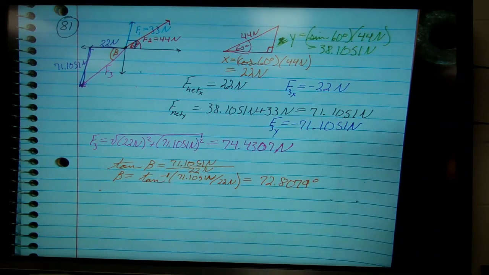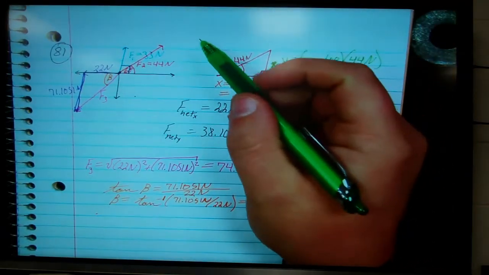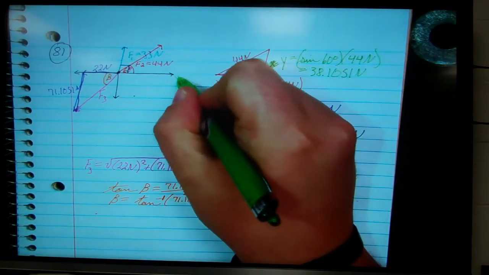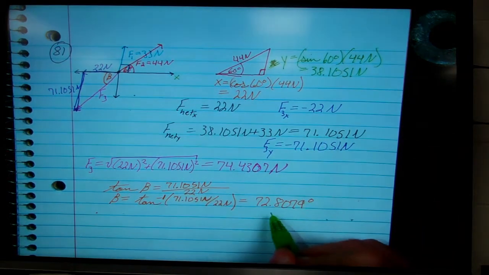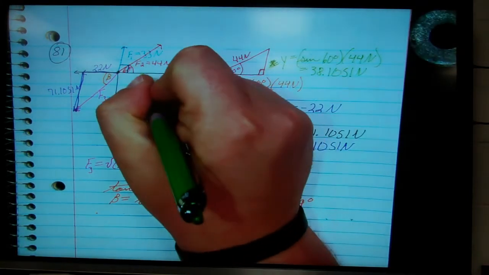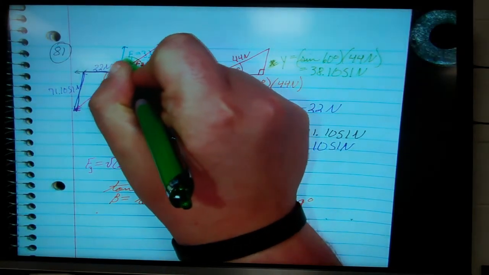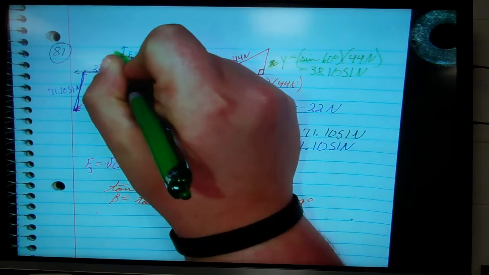All right, in this case, everything that we're measuring has got to come from this positive x-axis here. So all the angles that we're measuring from. We have beta, but that is from the negative x-axis. We need that angle, which I call theta.